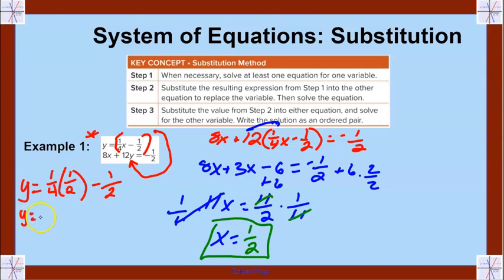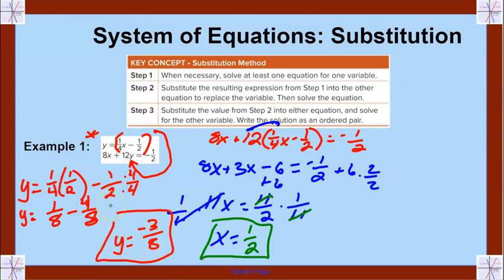Now I have y equals 1/8 minus, and if I want to make 1/2 as eighths, I'm going to multiply this by 4/4. And that's going to be minus 4/8. 1/8 minus 4/8 gives me an answer of negative 3/8. So my solution here would be x equaling 1/2 and y equaling -3/8.